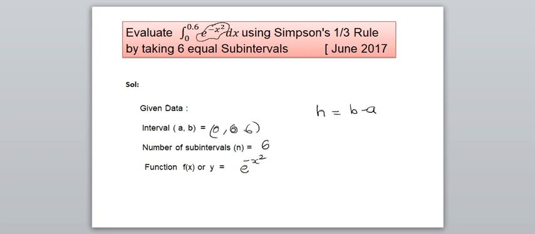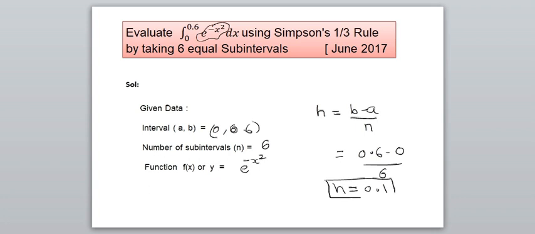Now the next step is we have to decide the step size h, which is usually calculated using the length of the interval, b minus a, and the number of subintervals required. So h is the difference of the a and b values, that is b minus a, which is 0.6 minus 0, divided by 6. When you simplify, it comes as 0.1.